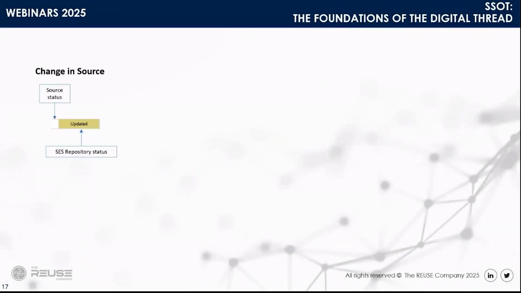So the universal connector is checking if there's a change. Remember that I said the importance of change and how to track changes across the life cycle. By doing this synchronized source of truth, any change that comes from any of the sources connected to this hub will be detected. So if the source is saved, so it's in a loaded permanent state, this repository status is updated.